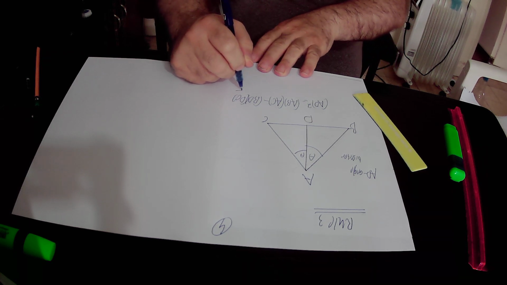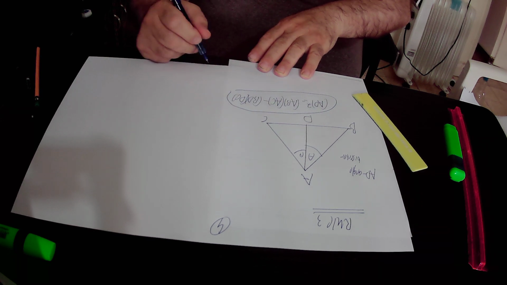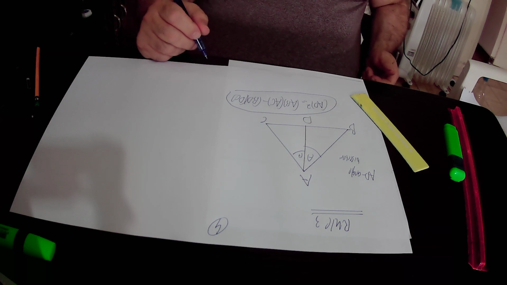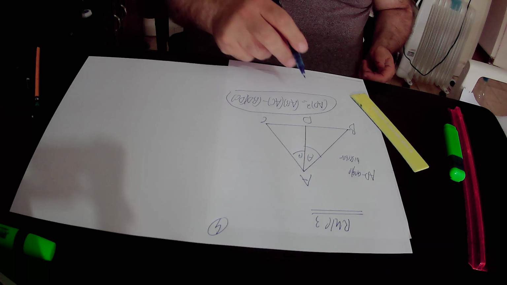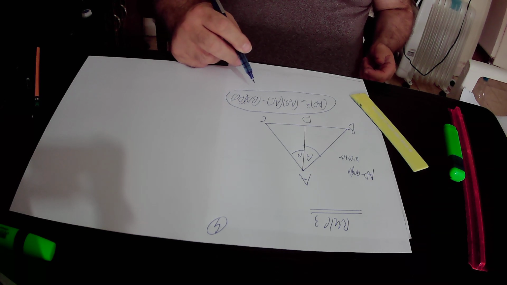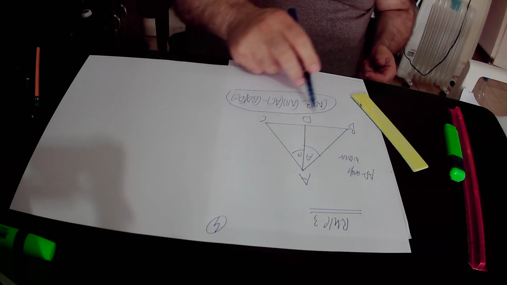I repeat again, according to rule number 3, if you have triangle ABC, that could be any triangle, and you have the angle bisector AD, the following equation is true: AD squared equals AB times AC minus BD times DC.